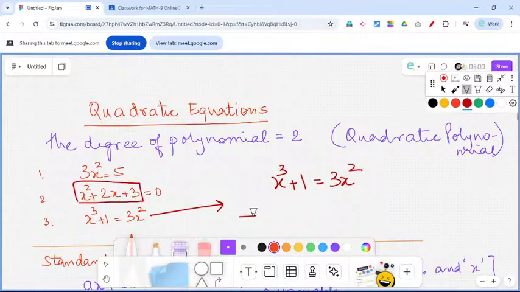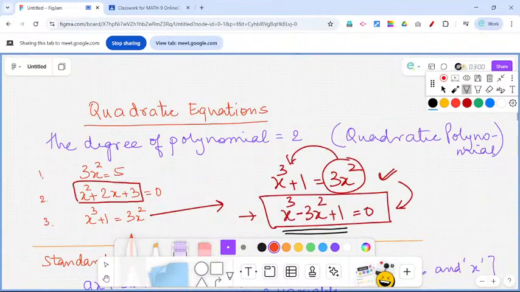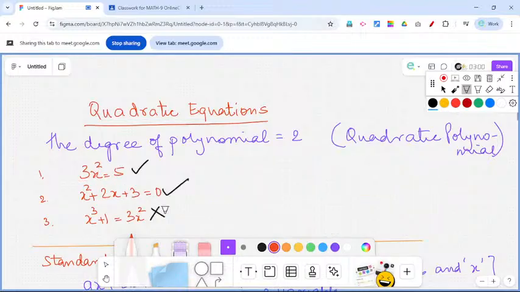But if you see the left hand side, now it is not a quadratic polynomial. It is cubic, because its highest power is 3. So we have to keep this in mind. So this is a quadratic equation, this is a quadratic equation, this is not a quadratic equation.